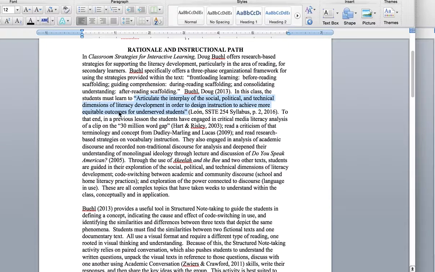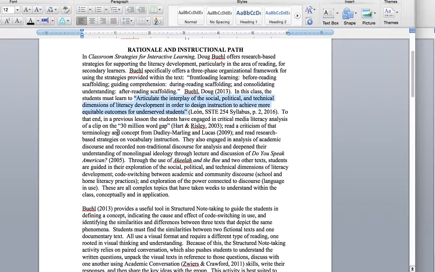So trying to get to articulating the interplay of the social, political, and technical dimensions of literacy development, we've done some work as far as the 30 million word gap, read criticism of that terminology and concept.